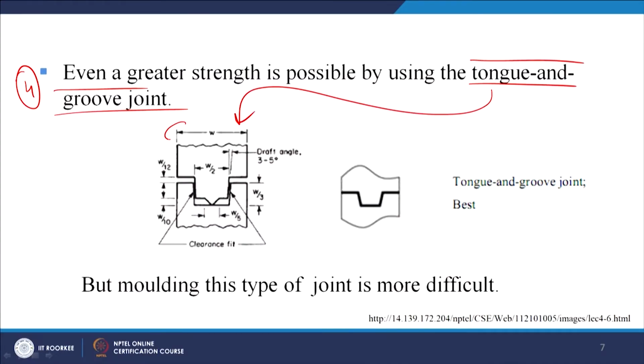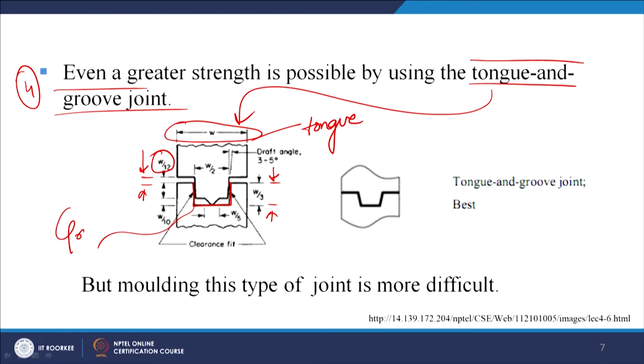Again the geometrical parameter for our plastic part is given as W, and all other parameters are in reference to W only. This dimension is W by 12, and this is W by 3, the depth up to which our tongue is going. So, we can call this top portion the tongue, and the bottom portion where we have this slot can be called the groove.